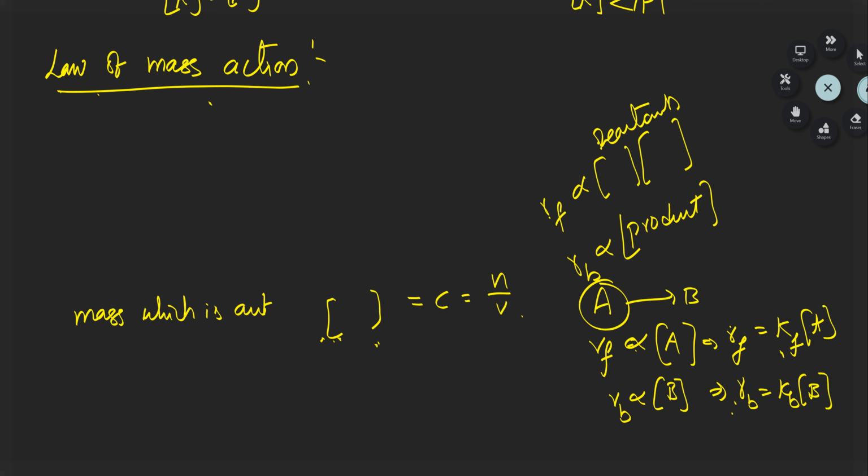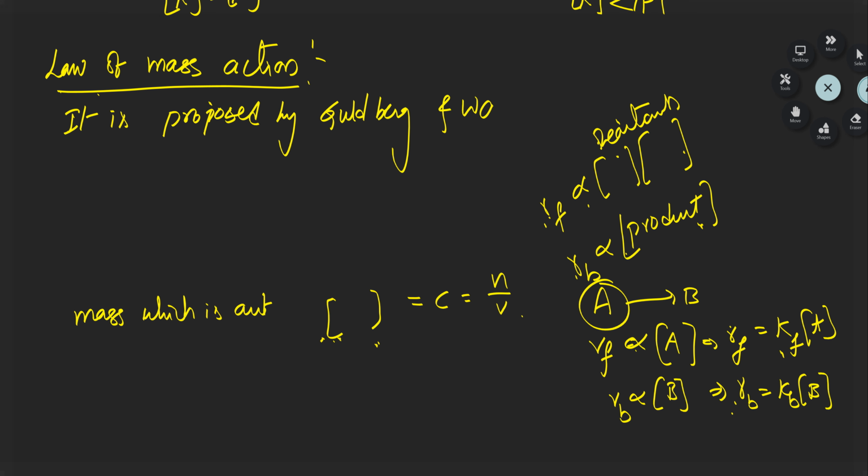So that is called the law of mass action. Write the definition. It is proposed by Goldberg and Waage.